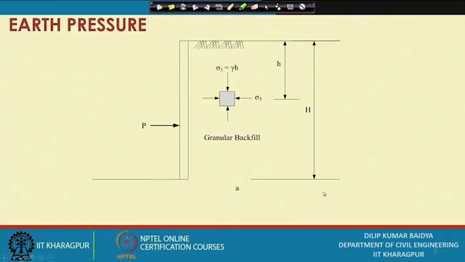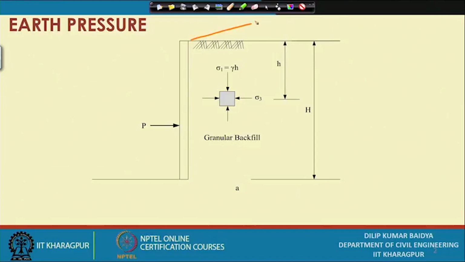So, this is the thing actually what we have mentioned, that this is the ground, suppose this is the top level surface. So, we are actually discussing right now about Rankine's theory, where Rankine's theory initially assumed a vertical wall and no friction between the wall and the backfill, and a horizontal backfill surface, not sloping like this.